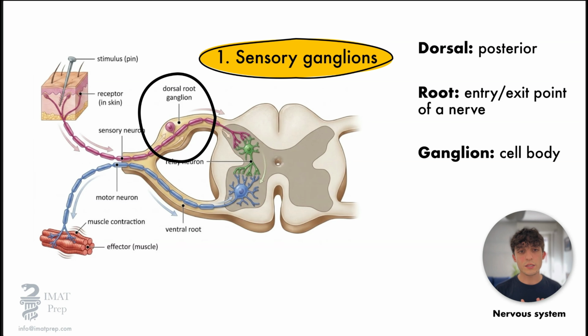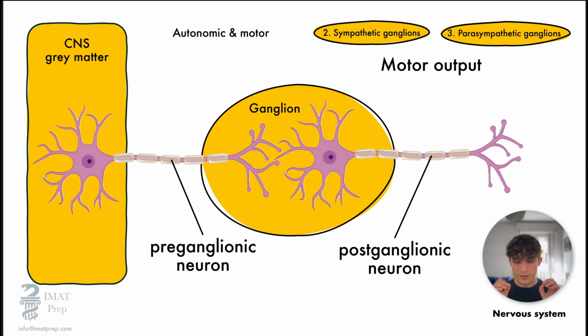Okay, let's move on to the sympathetic ganglions and parasympathetic ganglions. The sympathetic ganglions and the parasympathetic ganglions have nothing to do with sensory information, but they have to do with autonomic motor output. So we have talked about the sensory ganglions, so sensory from both the somatic and the autonomic divisions of the peripheral nervous system.